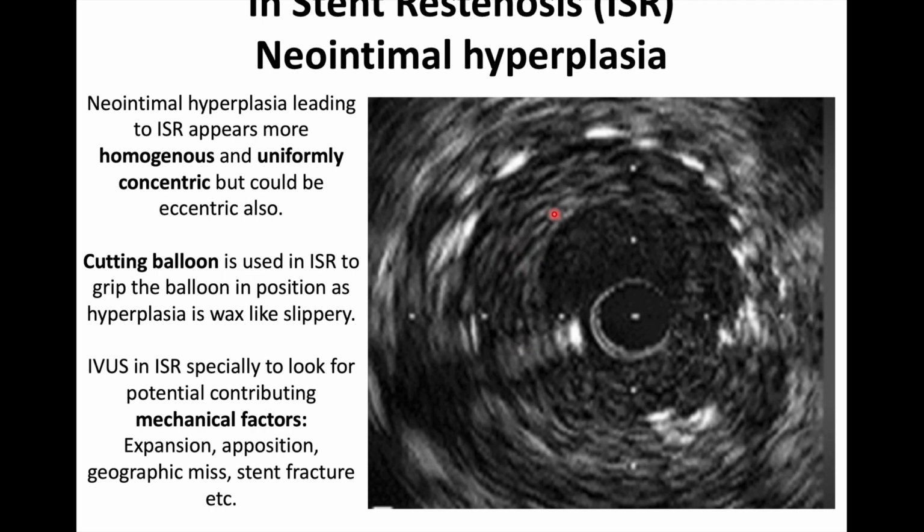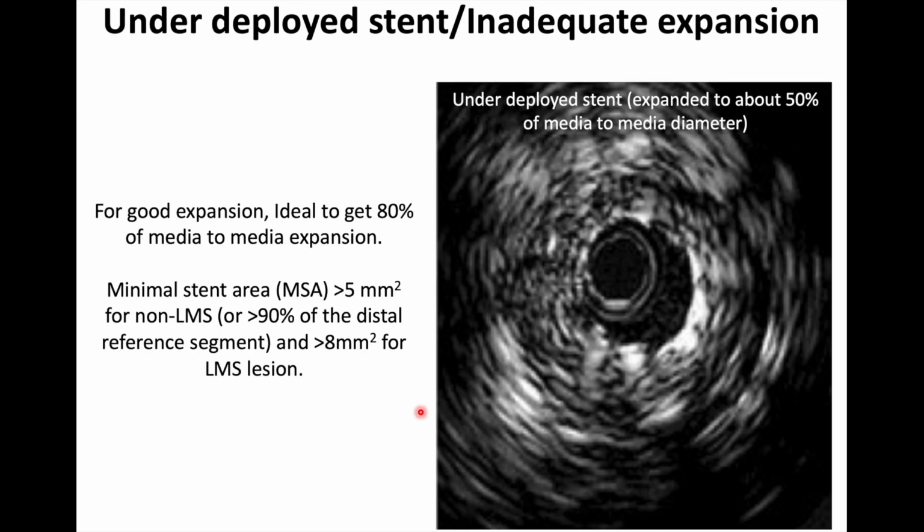And this is homogeneous and a very wax-like, slippery structure. So your balloon has a tendency to slip when you try to post-dilate this. So the ideal thing for this is a cutting balloon. It will not slip and will produce cuts in it. And then you need to look for mechanical reasons why the ISR took place in the first place. So you have to look at expansion, apposition, geographical miss, stent fractures, etc.